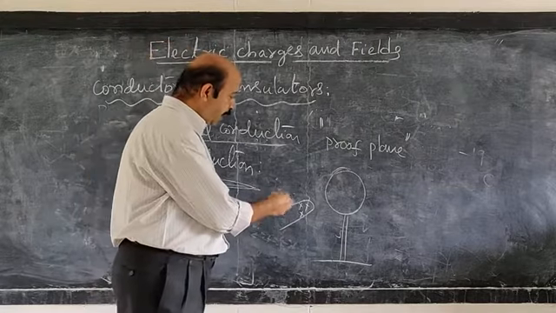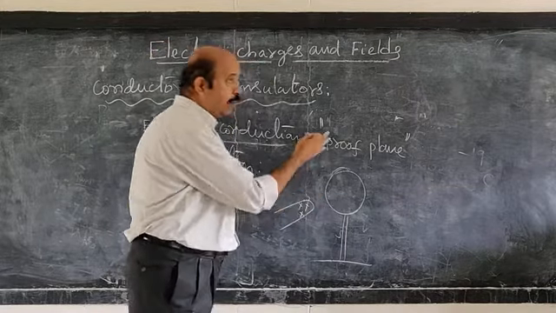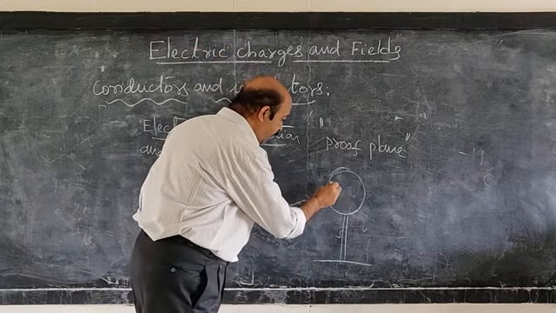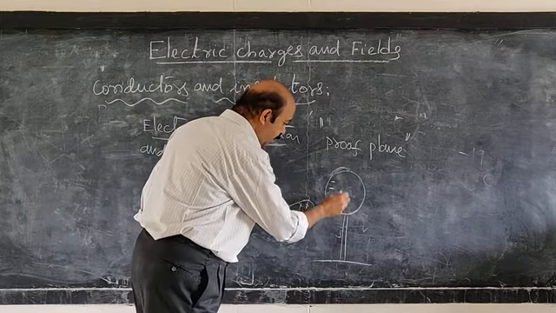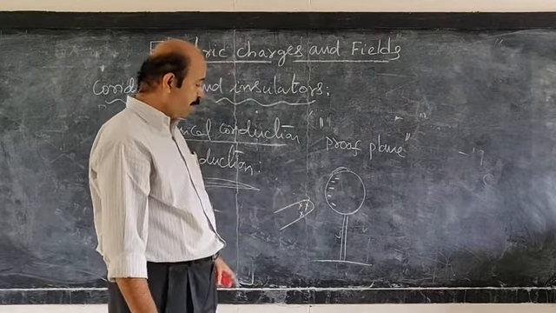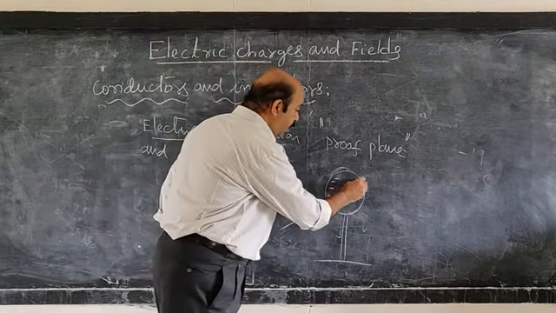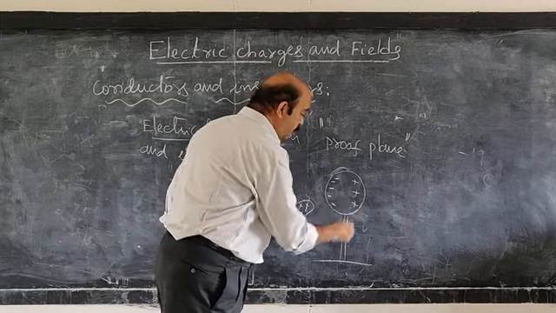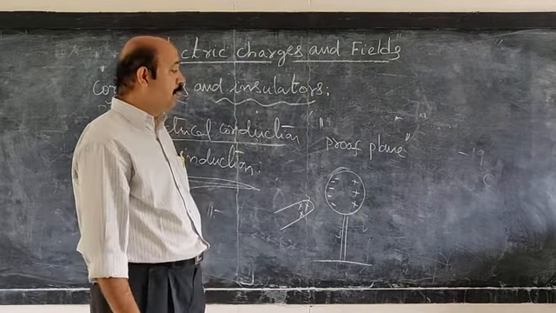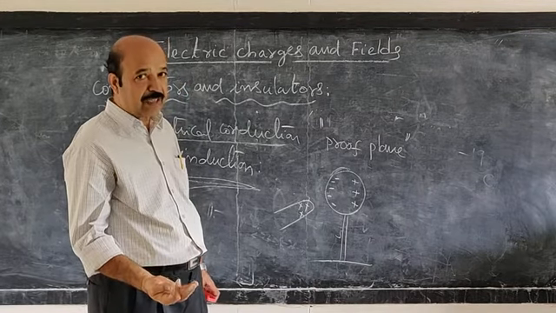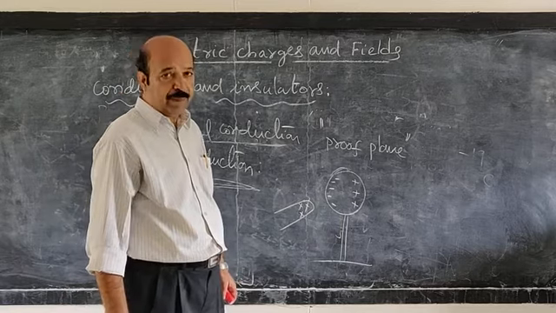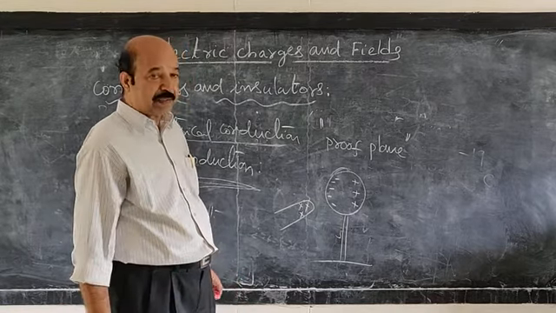When you bring it near, since it has an equal number of positive and negative charges, the negative charges get attracted towards this positive charged body, and on the other side, the opposite charges will remain. And already you know that opposite charges attract and similar charges repel. So that property also you might have studied.